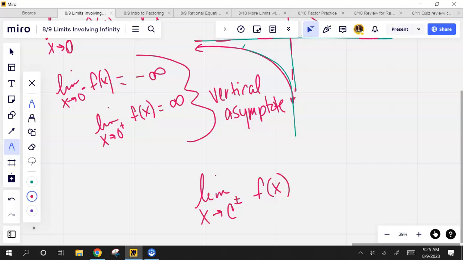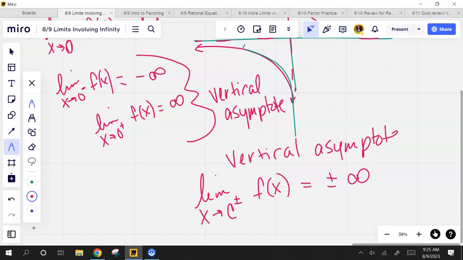If you ever get yourself in a situation where you approach just a constant value from either the left or the right, and you get a positive or negative infinity, that is by definition what it means to be a vertical asymptote. And you will have to do that. You may encounter a question like a portion of a part D on an FRQ that says, how do you know there exists a vertical asymptote at x equals blah?